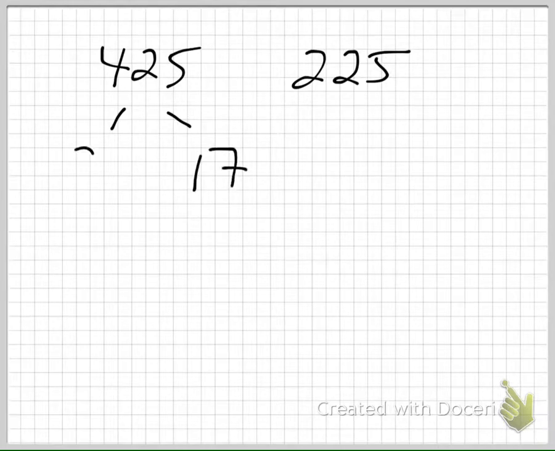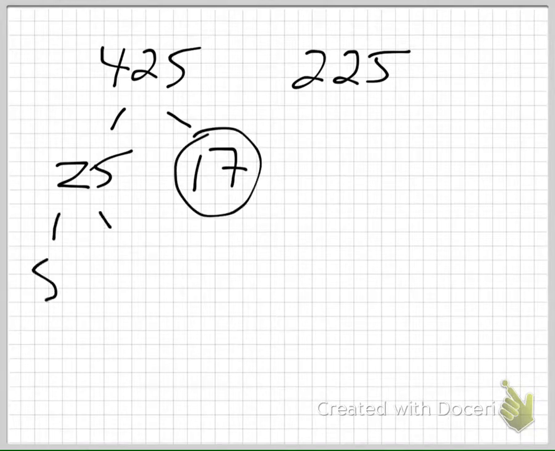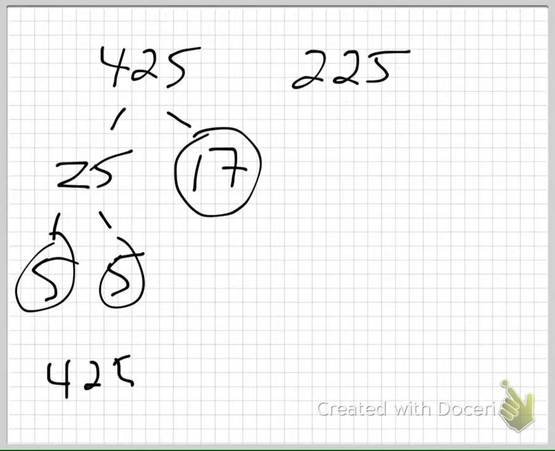That's exactly right. 25 and 17. Are either of those prime? Yes. 17 is. 25 is 5 and 5. Agreed? So the prime factors of 425 are 5 times 5 times 17.